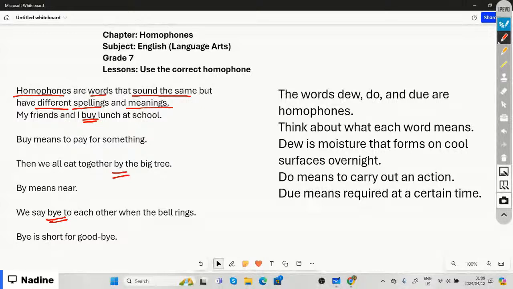If we look at a few more words and examples, we can say the words dew, do, and due. These are also homophones.